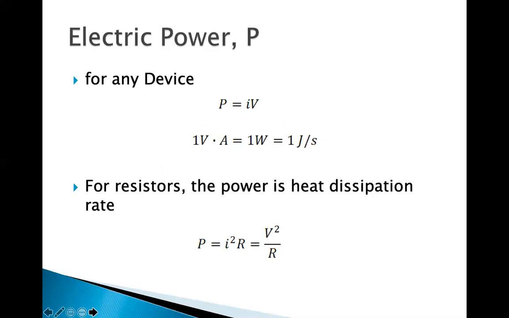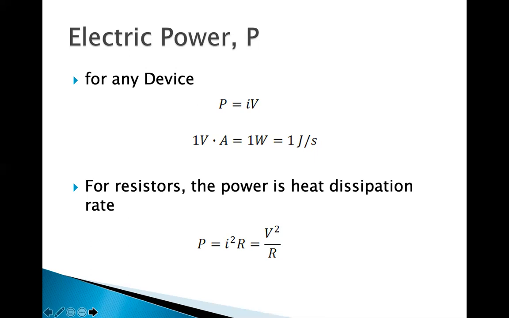The last topic we introduce, number 3, is electric power. For any device, electric power is defined as the current multiplied by the voltage. So 1 volt times 1 ampere equals 1 watt, W-A-T-T, or 1 joule per second. For resistors in particular, the power is also called heat dissipation because this power is converting electricity to heat most of the time.